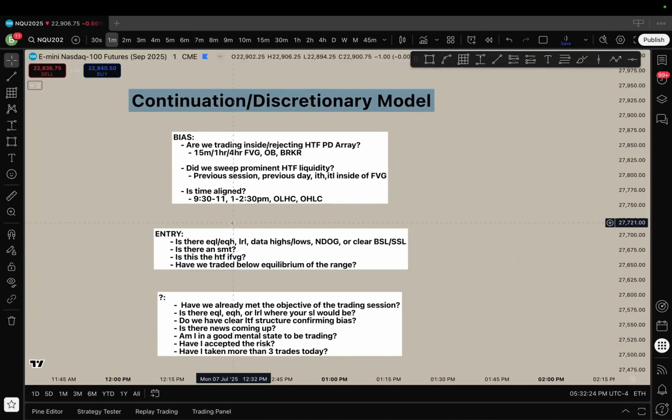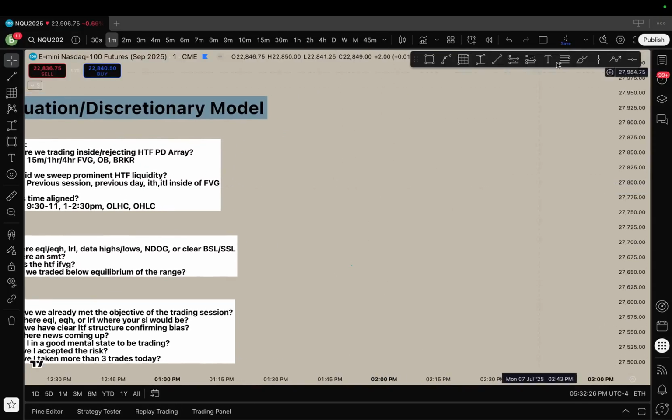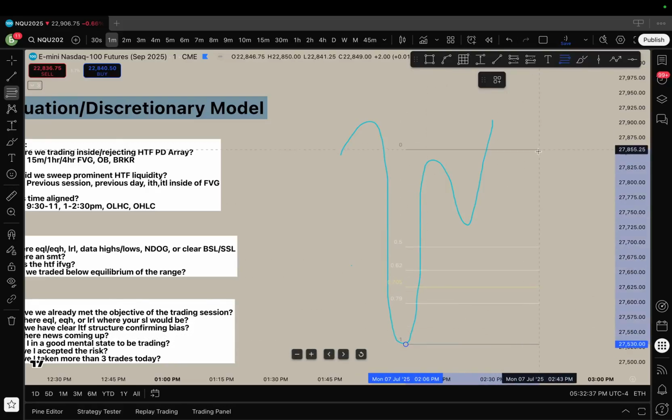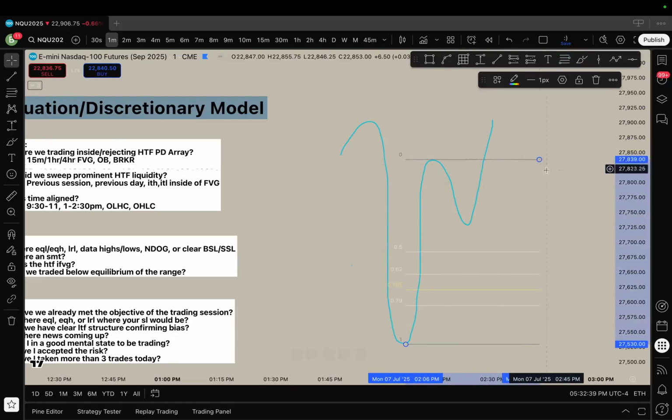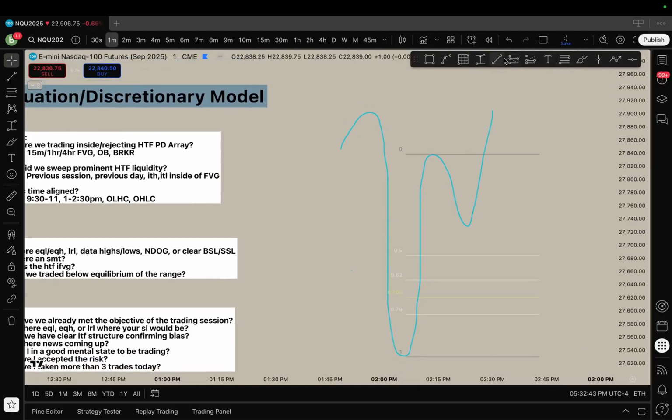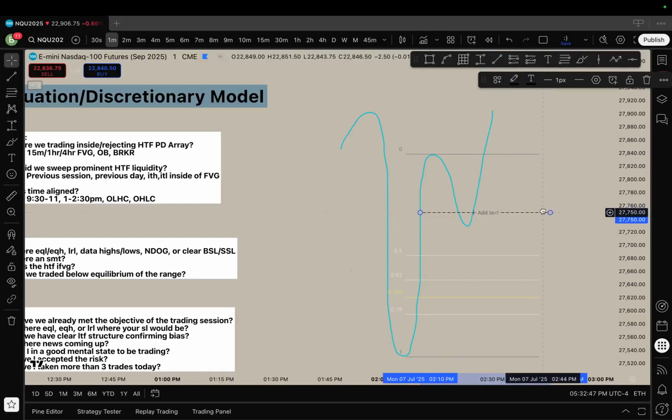Finally, have we traded below equilibrium of the range? Okay, so this is specifically for when we have a model like this, right? A lot of the times we won't go that deep into discount, especially for continuation models, because we're going to be very bullish, so it's not really necessary to hit equilibrium of the range.